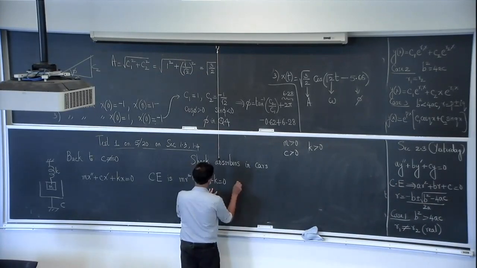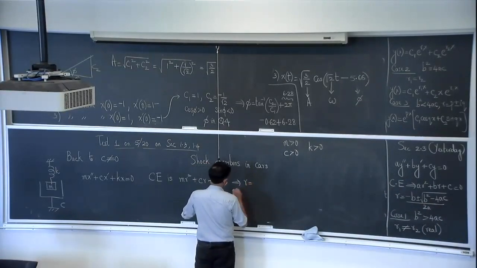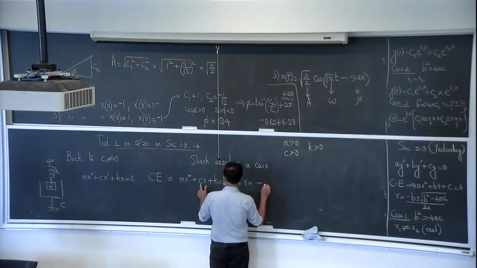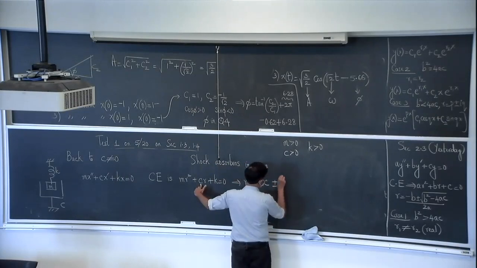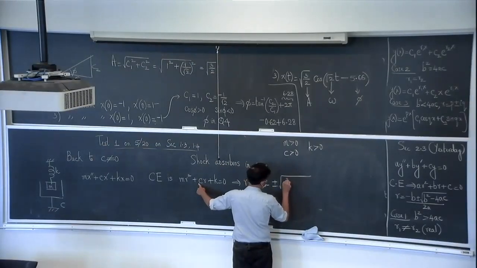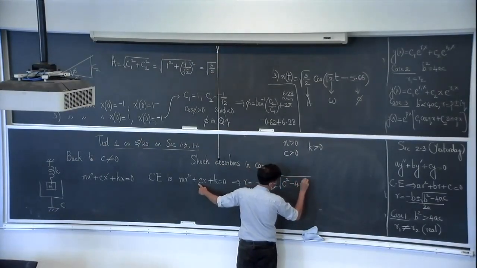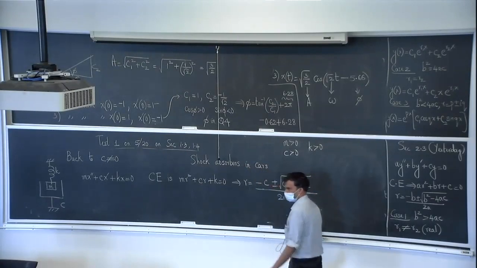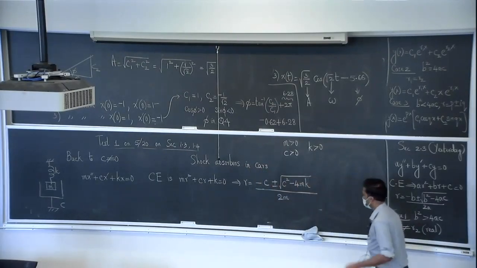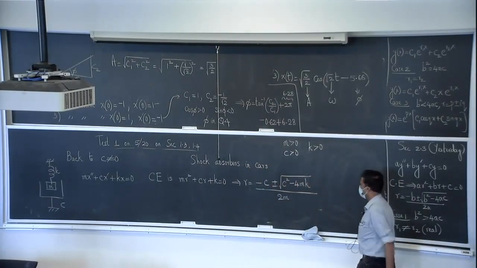All right, so the roots of this equation are given by r = (-c ± √(c² - 4mk)) / 2m.